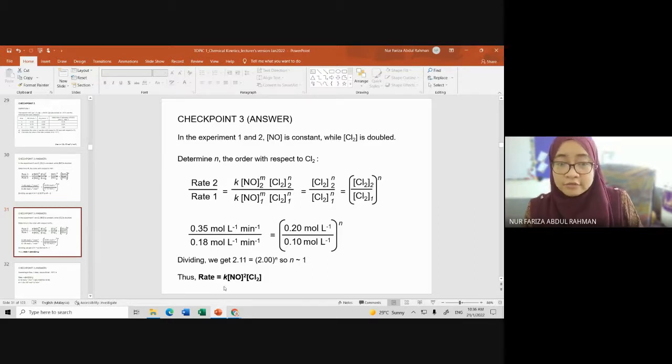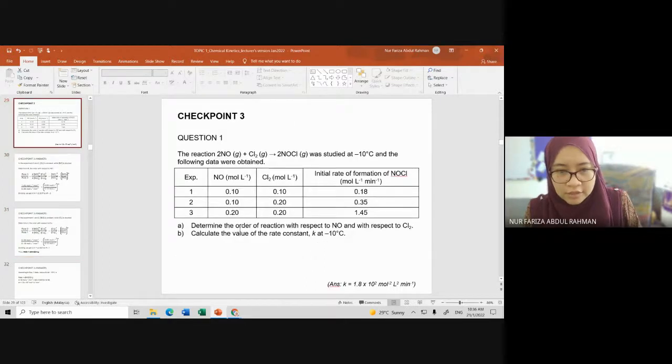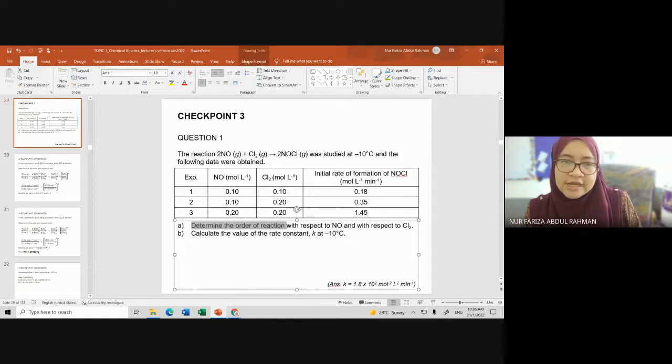And don't forget to write the rate law. Dia suruh write the rate law tak? Oh, dia suruh determine the order of reaction sahaja. Maksudnya, if somehow you forget to write the rate law, the mark will not be deducted, sebab soalan tak suruh. Tapi make it a habit, even though the question did not ask you to provide the rate law, so that if dia tanya, you have it already.